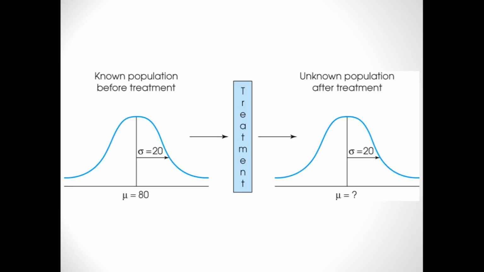So you can see an unknown population before a treatment that has a standard deviation of 20, and the mean of the population is equal to 80. And after treatment we have the same standard deviation, and the mean of the population is calculated.